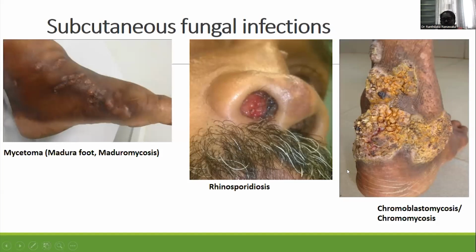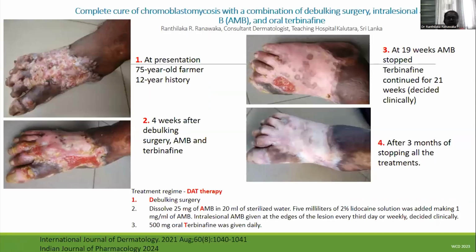Then this is chromoblastomycosis. Until very recently, there was no cure, but now we have found a curative treatment, right? For chromoblastomycosis only, not other things.